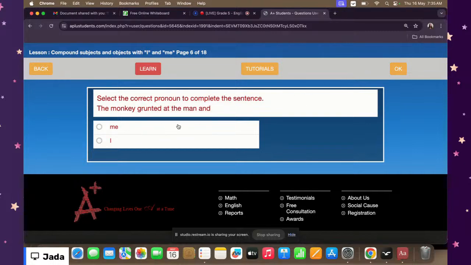The monkey grunted at the man and dash. I or me? Which one?